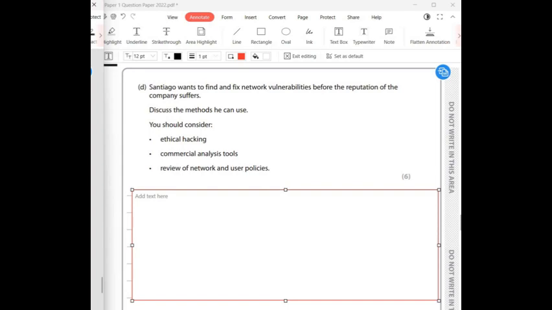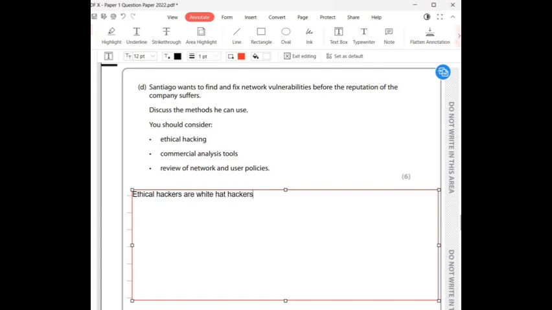So we could say, discuss the methods. We should consider ethical hacking. I would start with: ethical hackers are white hat hackers, whereby they attempt to access the network in the same way as a black hat hacker does.